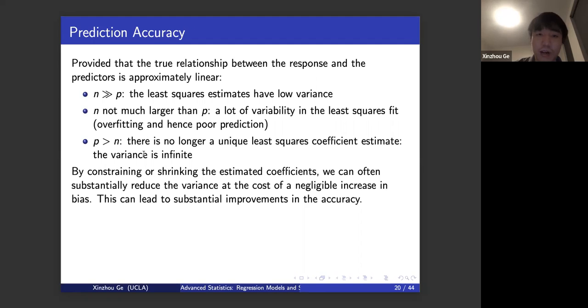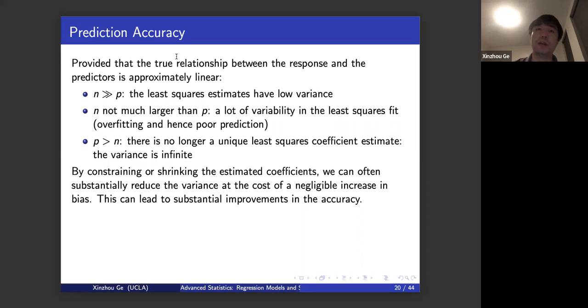By constraining or shrinking the estimated coefficients, we can often substantially reduce the variance at the cost of a negligible increase in bias, and this can lead to substantial improvements in accuracy. It says that when we have a large number of predictors, we do not want to use all of them.